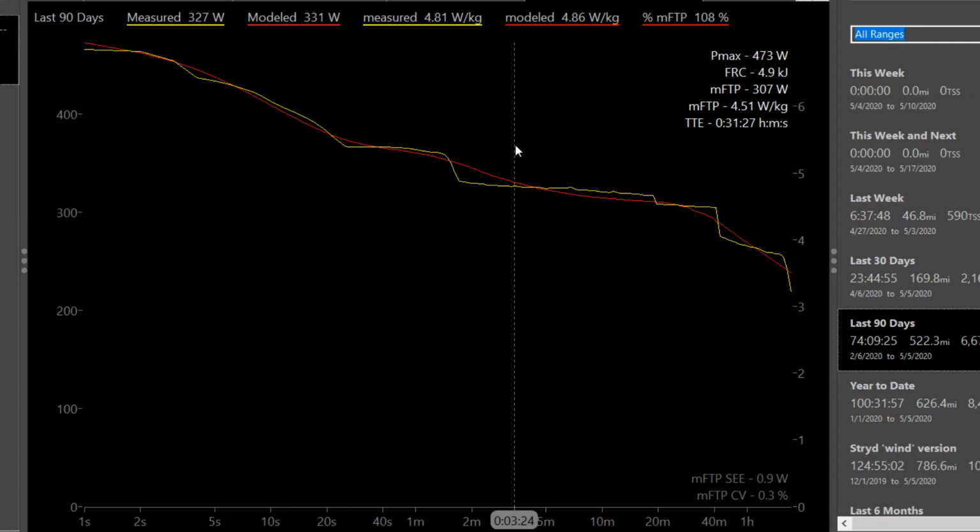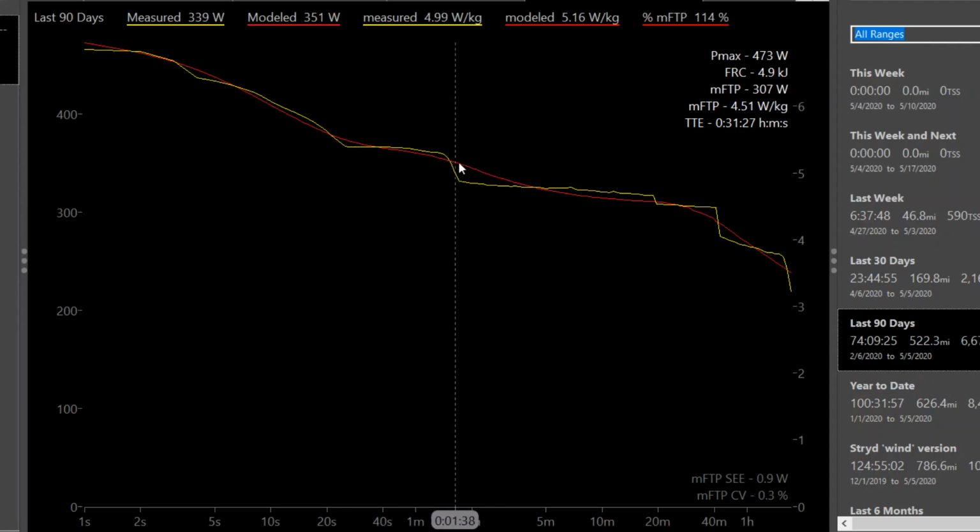Now, I don't have Power Center, I don't access it, but I do use WKO, and it's pretty much a similar concept in that you have your mean maximal power curve or power duration pairs here in yellow, and on yours they're in blue and gray, different colors on Power Center.